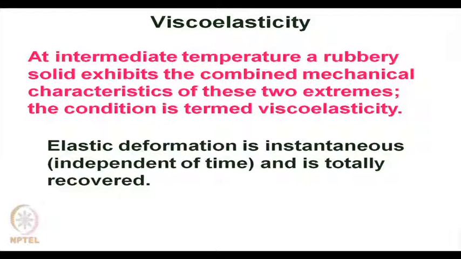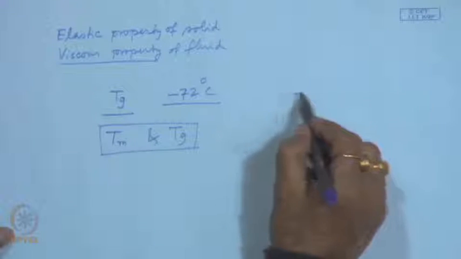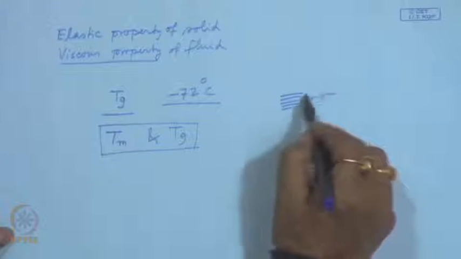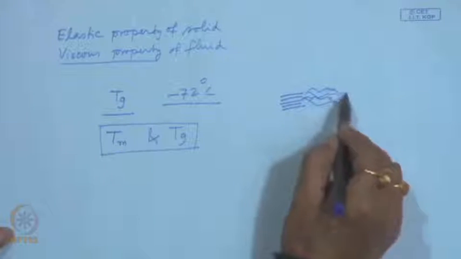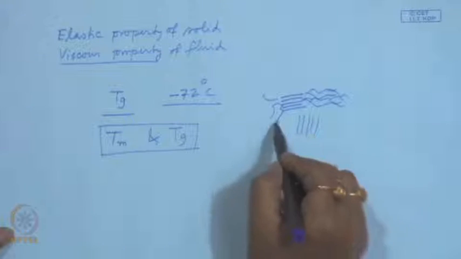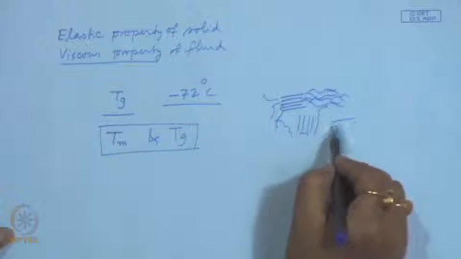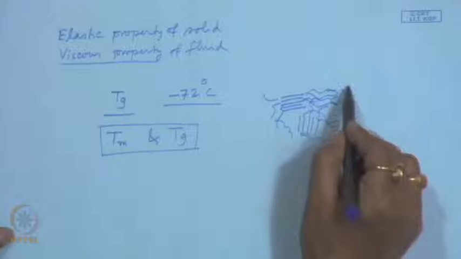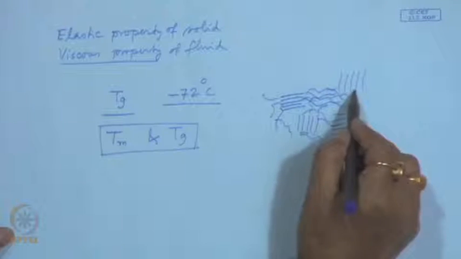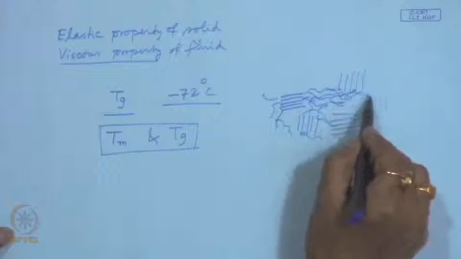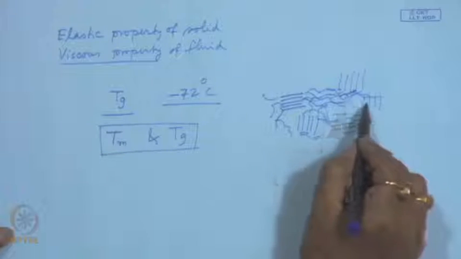Now, if the polymer contains amorphous regions, because a polymer may be considered a semi-crystalline material having domains of crystallites dispersed in a flexible matrix, it can be viewed like this.